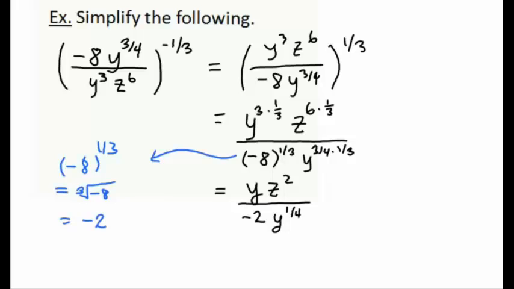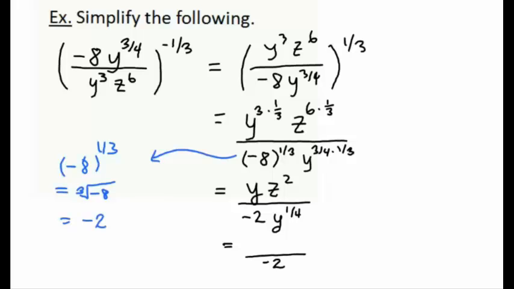Our final step in this question is we have two like bases here. We have a y in the numerator and a y in the denominator. Our last step is naturally just to subtract the powers of our two y's here. So our denominator is going to remain as negative 2, but we're going to regroup that y to the 1/4 up into the numerator.